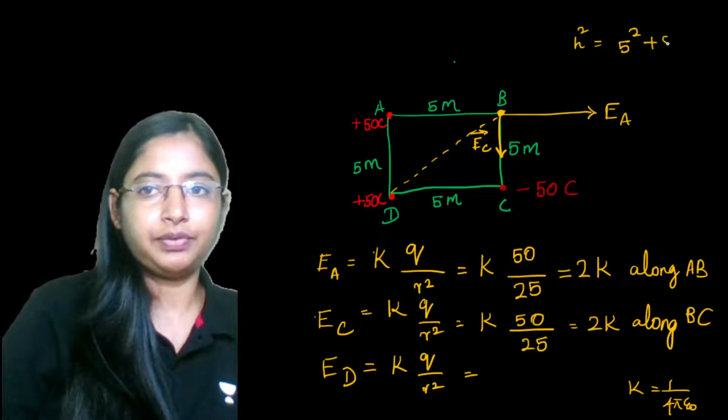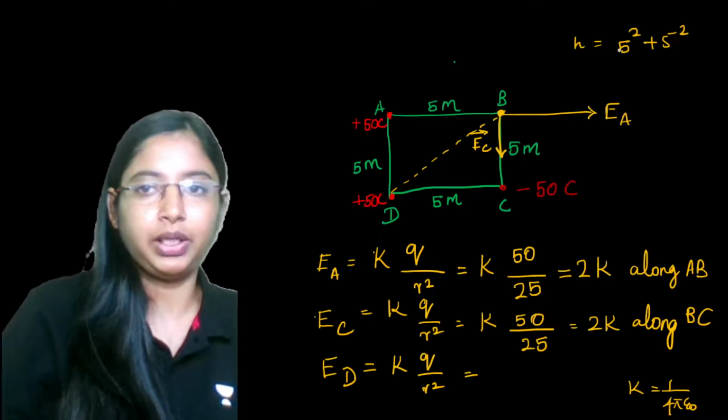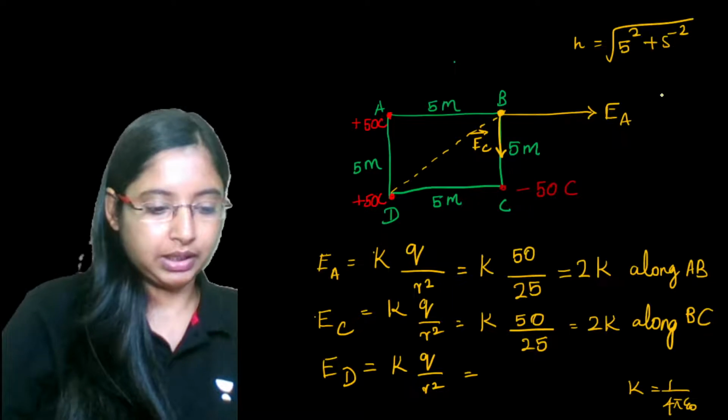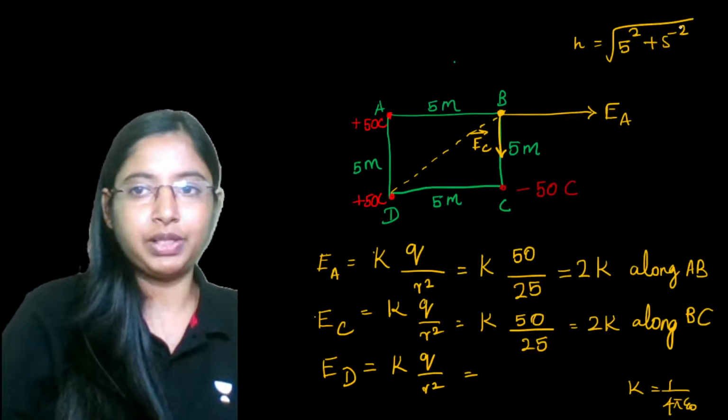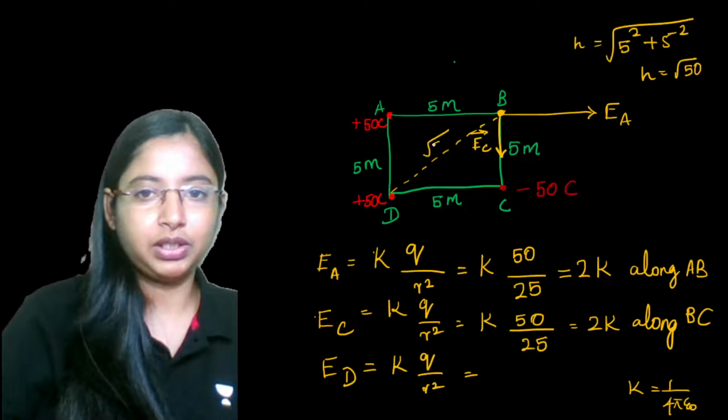So this is your hypotenuse, right? The hypotenuse is the square root of 5 square plus 5 square. So this distance over here is going to be root 50. This diagonal value is root 50 meters.